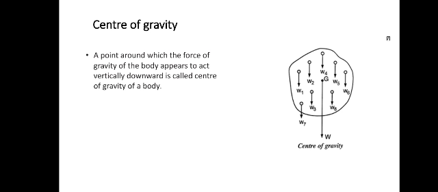When we add up all of these forces acting on the particles of the body, there will be a resultant force. And the point where this resultant force acts vertically downward towards the center of the earth will be its center of gravity. All right students.